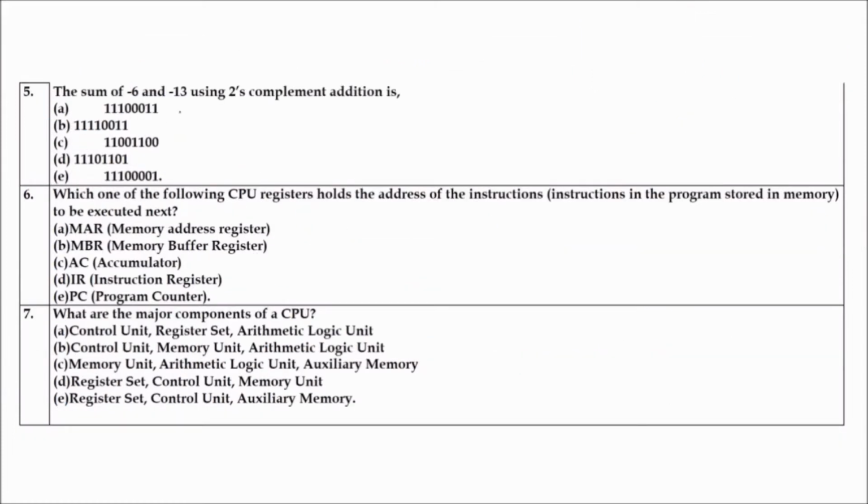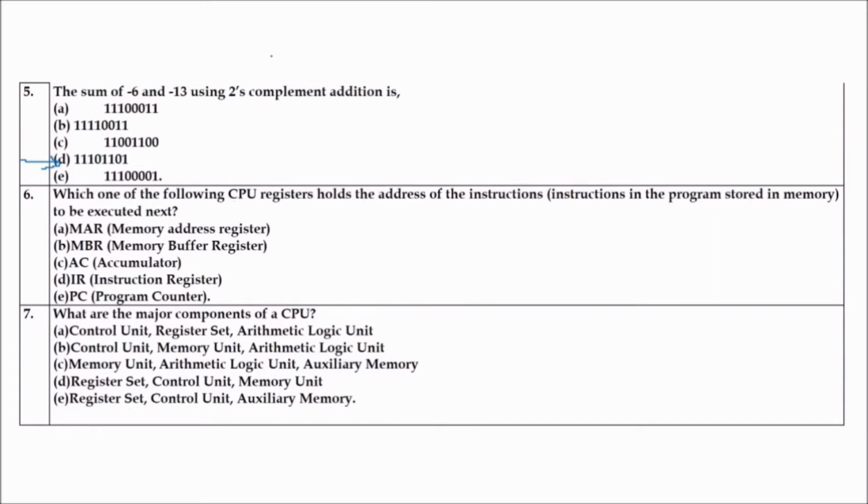Now next is, the sum of -6 and -13 using 2's complement addition is what? I hope you are having pen and pencil or a working pad in your hand. So try it out and tell me the answer. Can you tell me the answer? So the answer is D. I hope you have found out, because let us see.